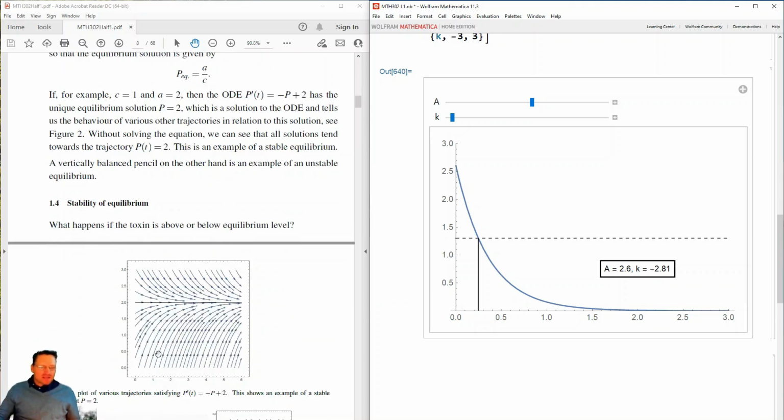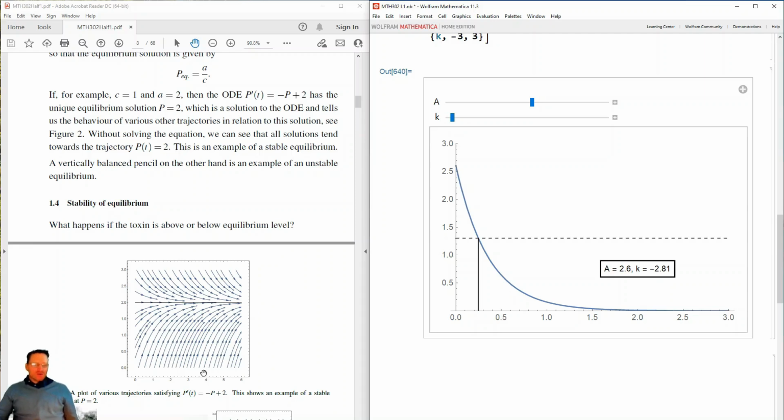So in this case, this will be stable, mainly because a over c is positive, so trajectories will be tending towards this. Now you see several curves here with arrows on them. They point towards that line p equal to 2.